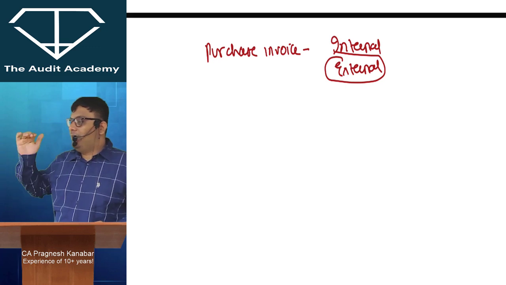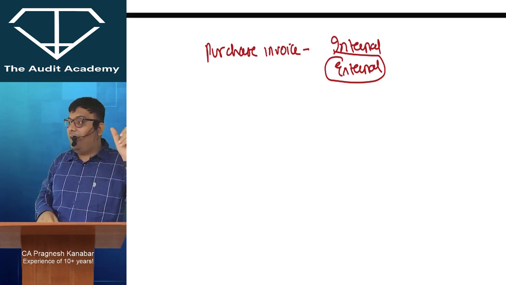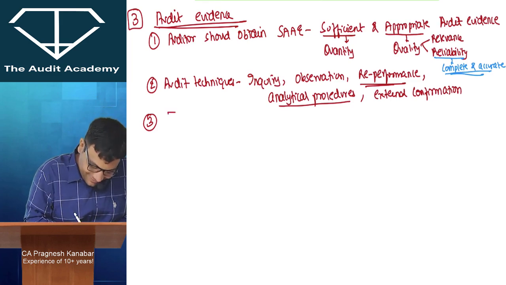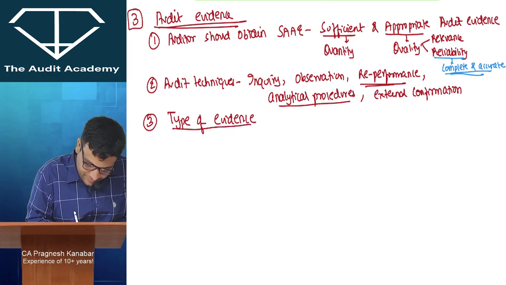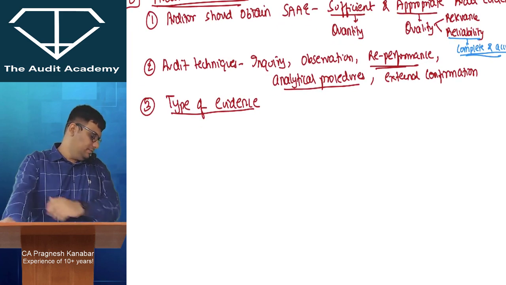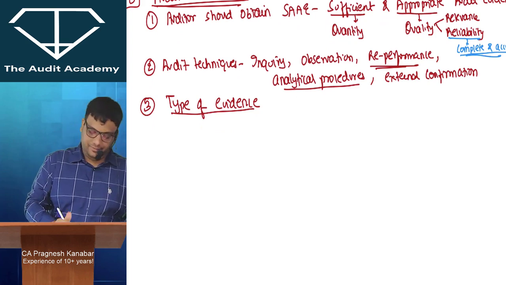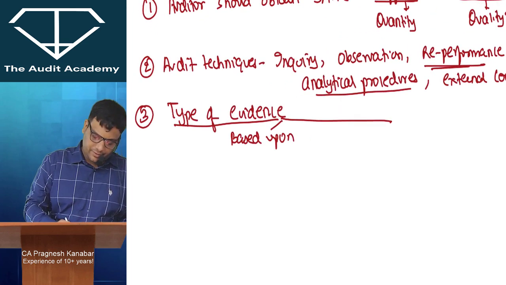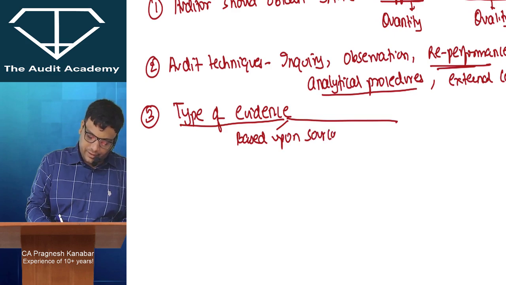Purchase invoice was generated by the supplier, so the origin is outside the entity. Now please write down type of evidence.